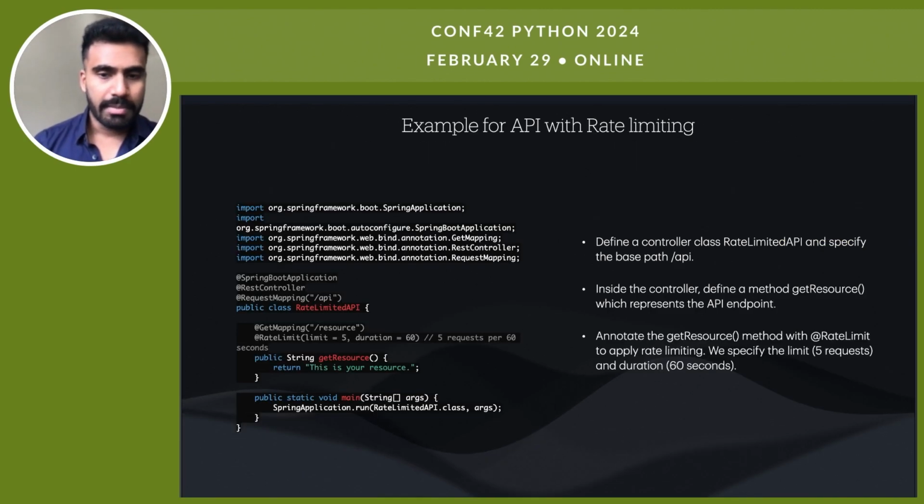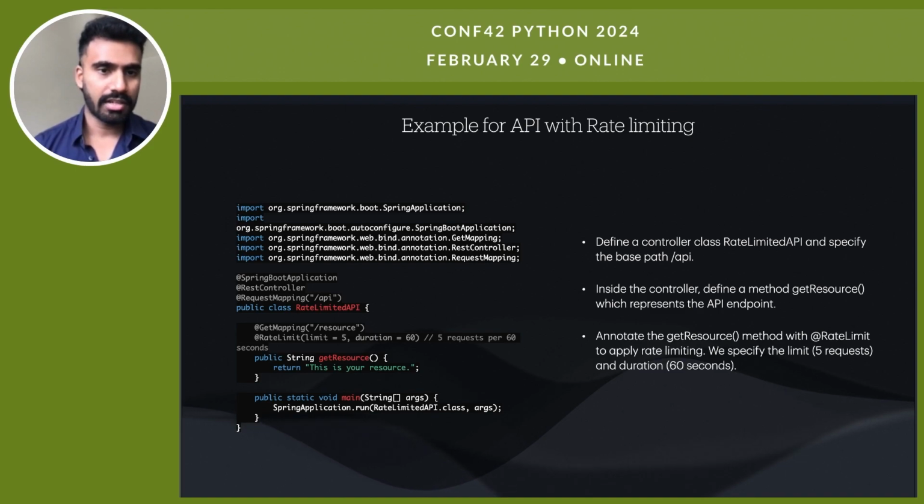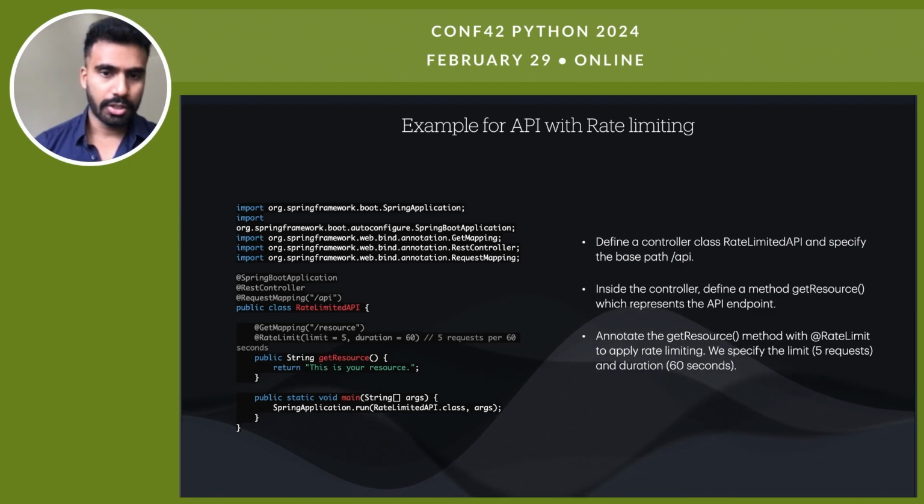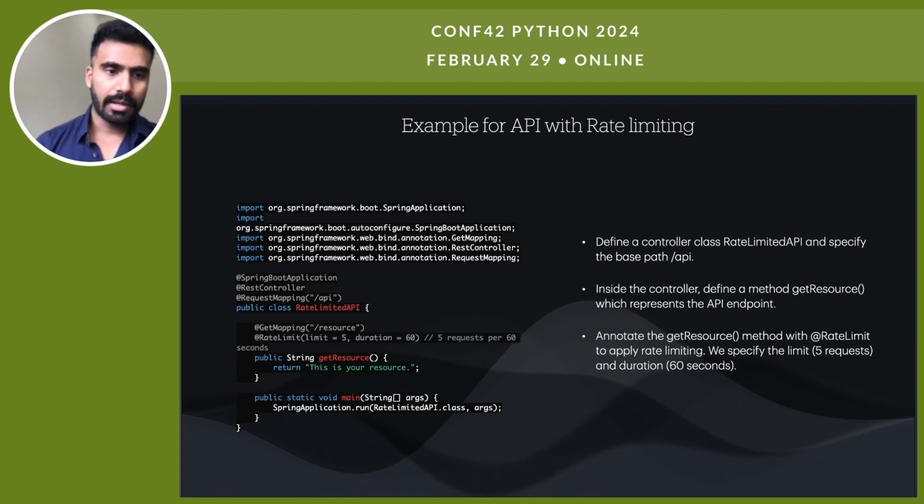Now let's go to the implementation of this. It's quite simple. I took a similar example, a Java Spring Boot application. You can see the rate limit API here. The base path is API, and then for any specific resource, you have the resource as the extended URI. Whenever someone calls this endpoint, you can just annotate it.